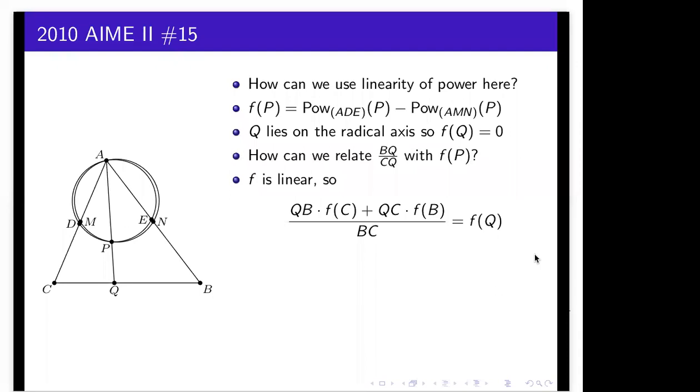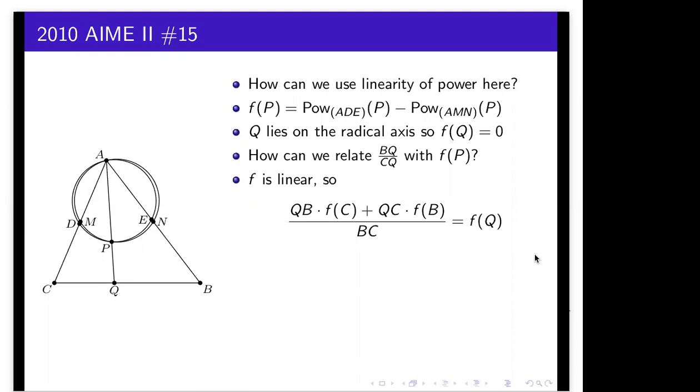Does that make sense? It's a weighted average where like it's QC close to C and QB close to B. So we can think about it as like balancing a lever or something.